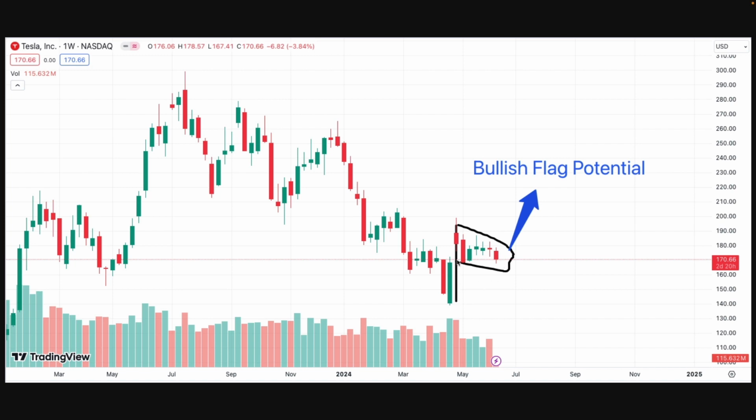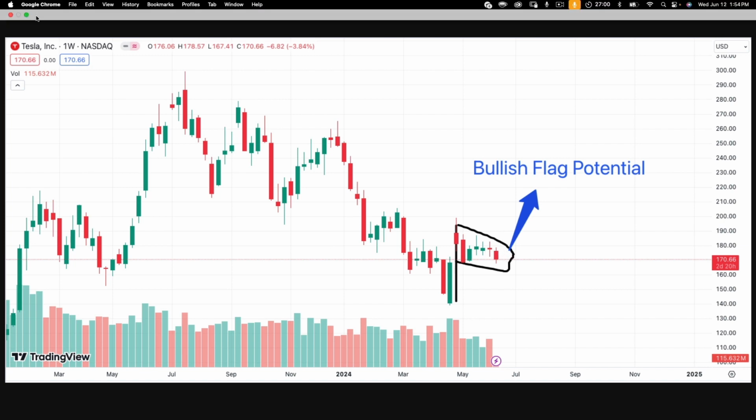Here we've got the flagpole, a steep rise in this green bar with quite a bit of volume compared to some of the other days. Then we have a period of consolidation. This is a weekly chart, so these bars are weekly. We've got a steep rise, and then a continuation pattern forming the flag. What is expected is another breakout after this consolidation passes.